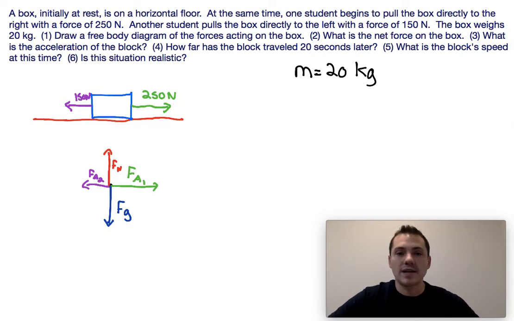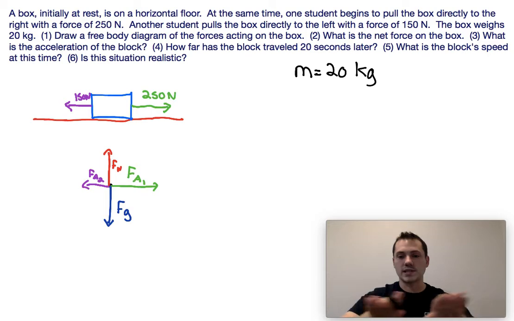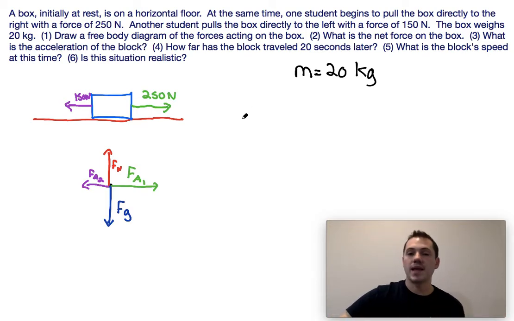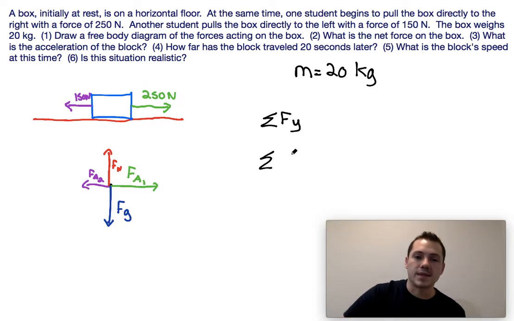Now, if we wanted to figure out the net force on the box, the net force is the summation of all the forces. It typically makes sense in physics to break your forces down into forces that are acting in the y direction and forces that are acting in the x direction. So what I'm going to do over here is say, okay, I have my summation of forces in the y direction, and I also have my summation of forces in the x direction.